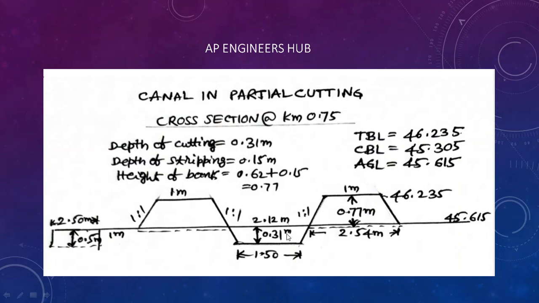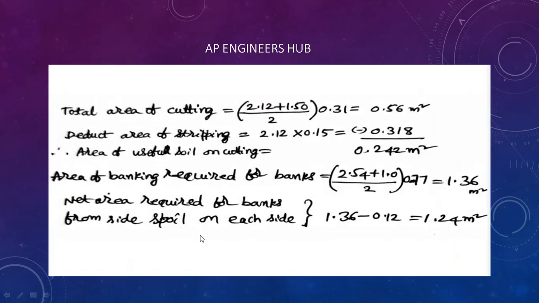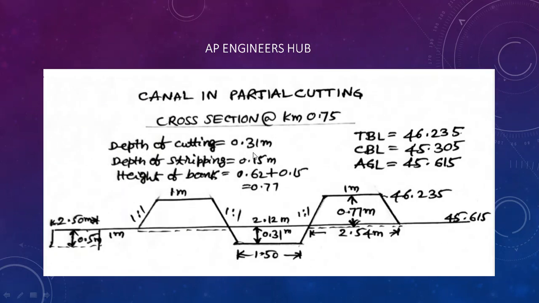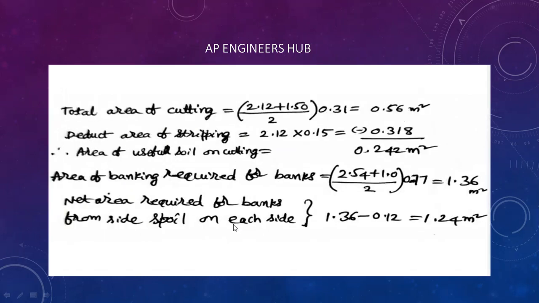That is this portion. Area of stripping is 2.12 into 0.15. This is this portion. Therefore, area of useful soil in cutting is equal to 0.242 square meters.